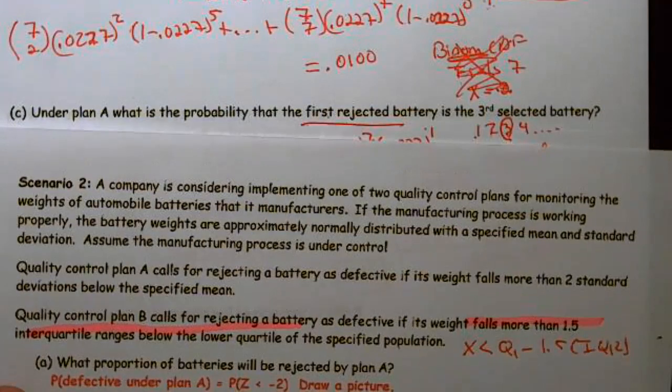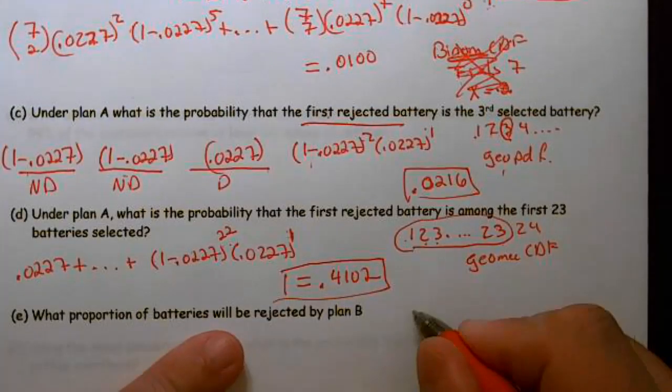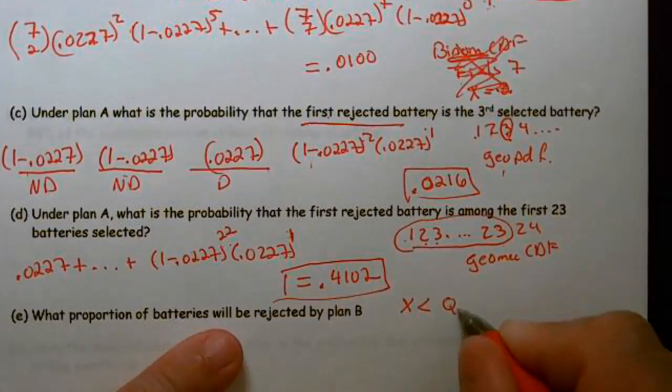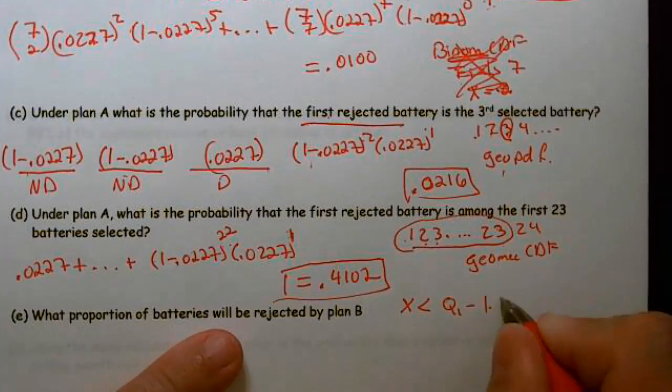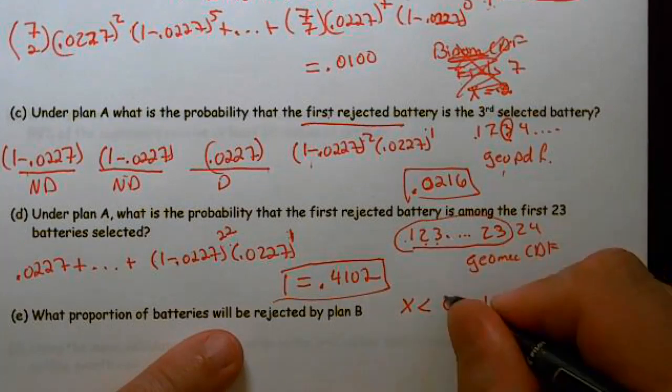If X is less than Q1 minus 1.5 IQR. So I'm going to write that down. X is less than Q1 minus 1.5 times IQR, and IQR happened to be Q3 minus Q1. Well, right there, that's a little bit of a hint. Q1 is at the 25th percentile.